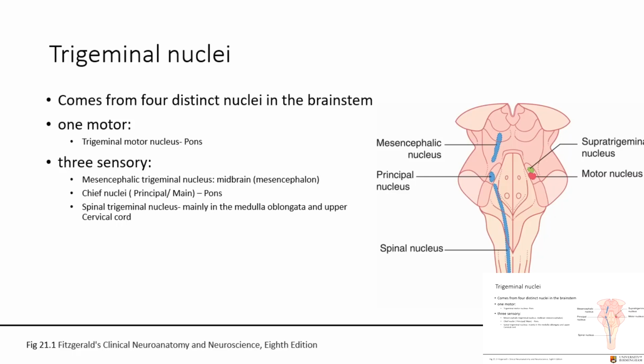In the central nervous system, a collection of cell bodies is called a nucleus, but in the peripheral nervous system, a collection of cell bodies will be known as a ganglion. In this case, because we're in the brainstem, these are collections of cell bodies in the central nervous system, so all of them are gray matter in the central nervous system.